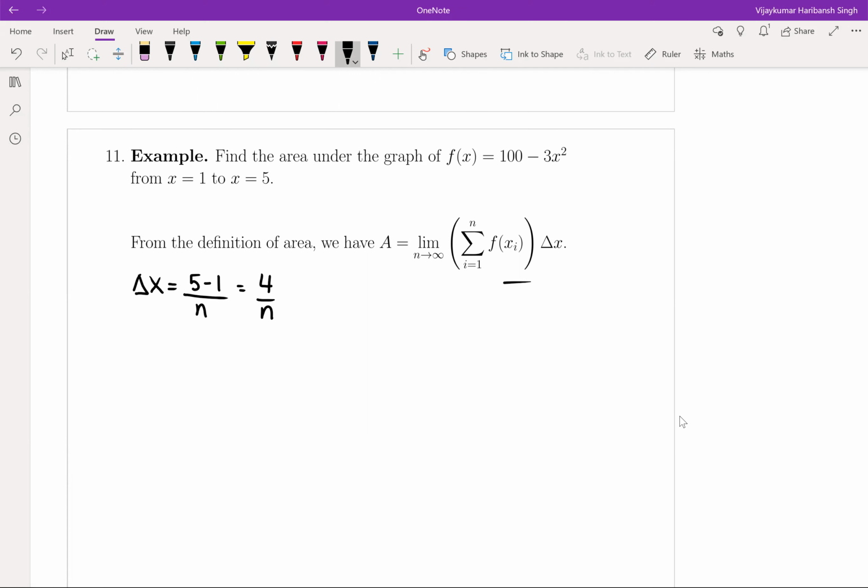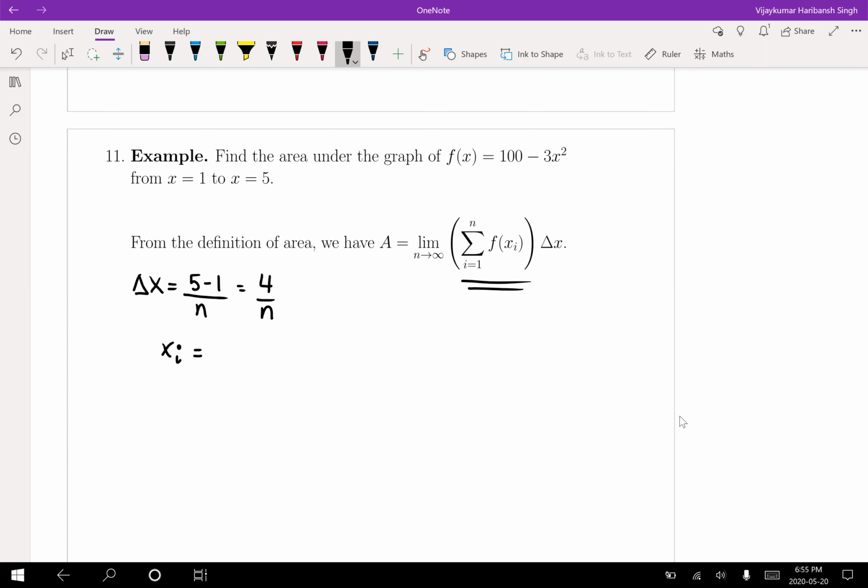Now we are using this form here. So what is my f of xi? xi is basically 1 plus delta x times i, which is going to be 1 plus 4 by n times i. So now what is my area?